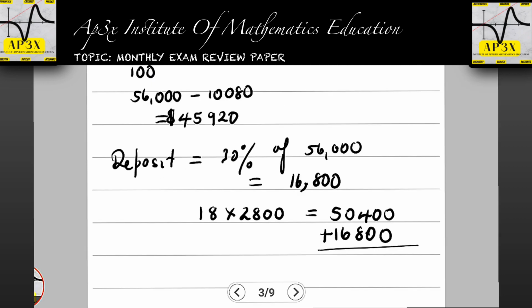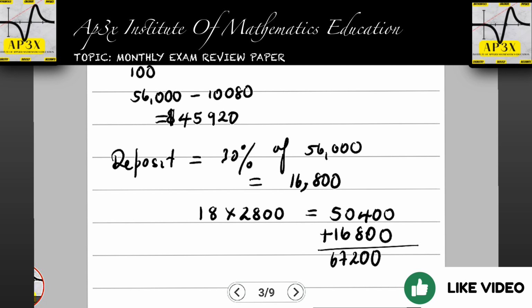Then you're going to find that after 1.5 years, the customer that took the hire purchase deal would have actually paid 50,400 plus 16,800, and so the customer would have paid over the course of the next 1.5 years $67,200.